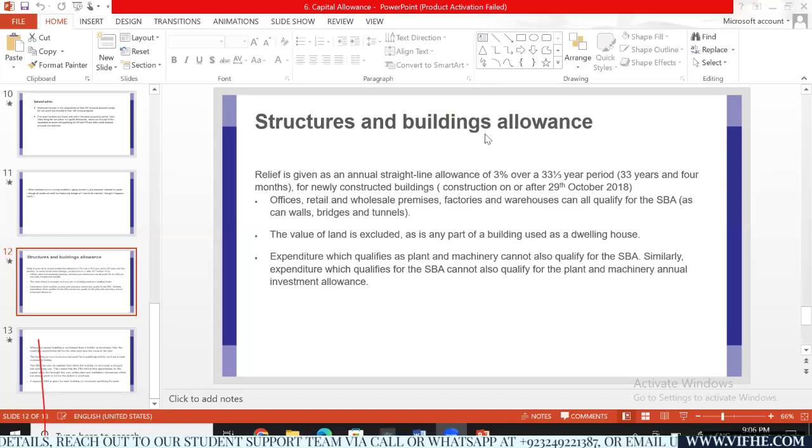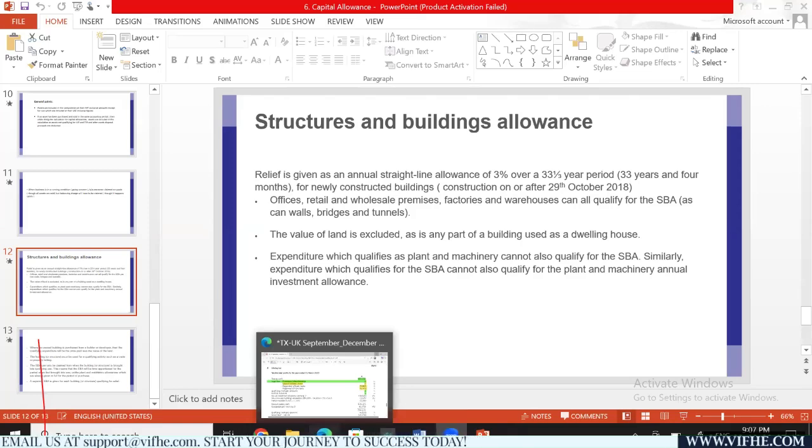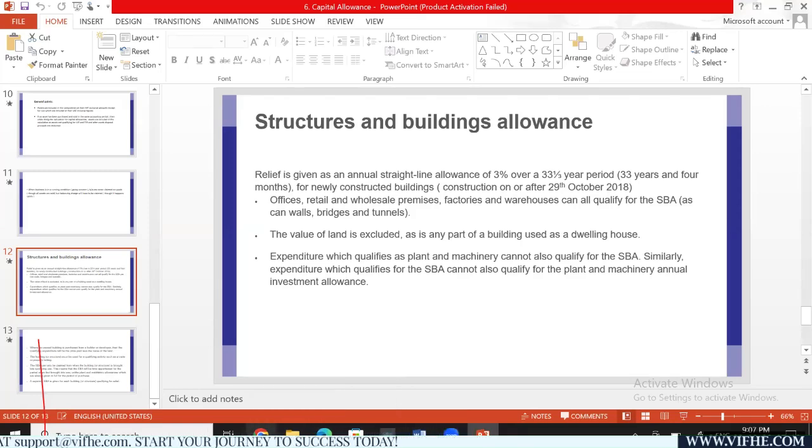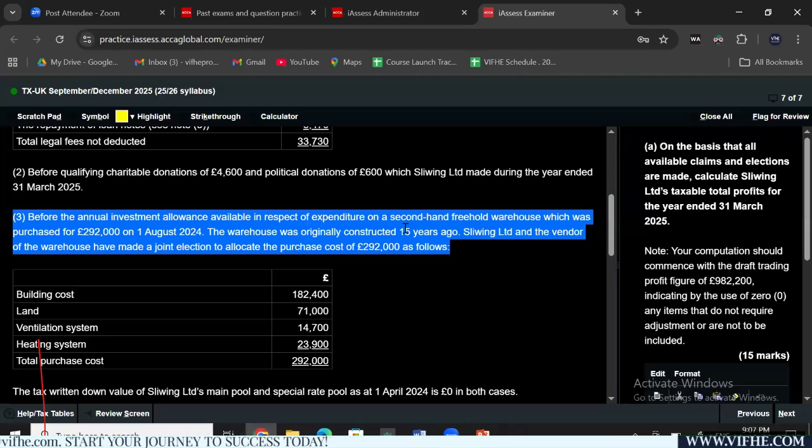There's a question of since when we can apply the structures and building allowance. All those constructions which have happened in October 2018 and onwards would actually be allowing us to calculate structures and building allowance, right? Okay, so it is said in the question that the building was originally constructed 15 years ago, but now further expense is being incurred.